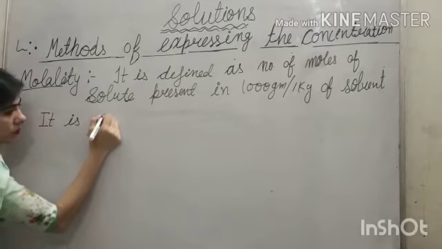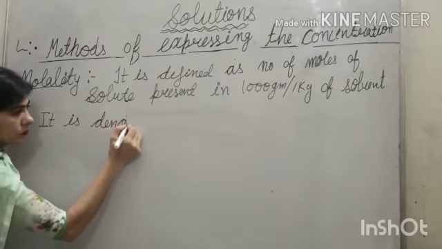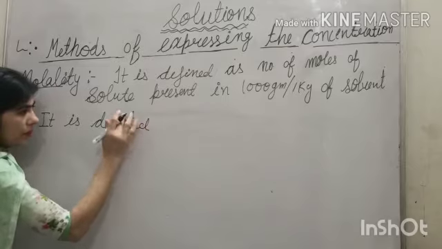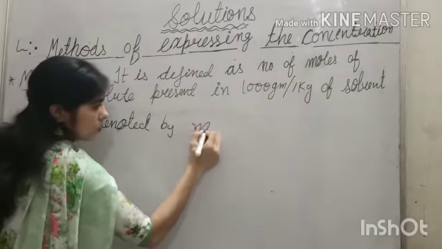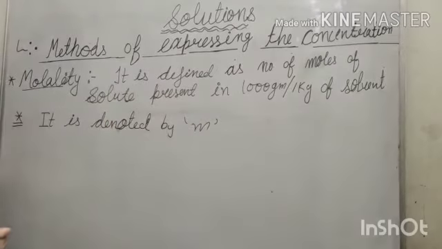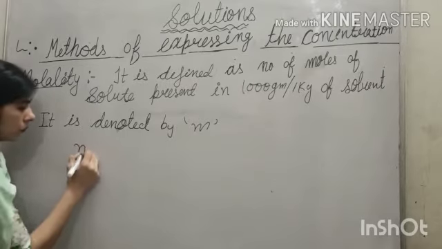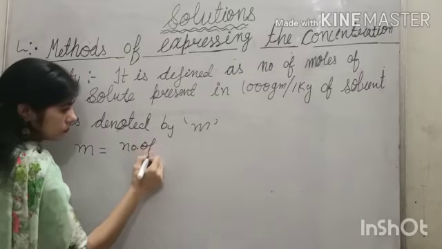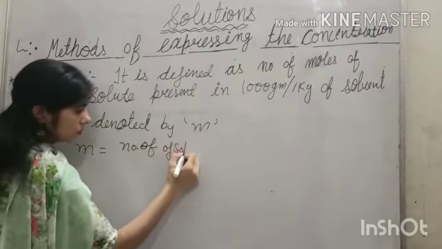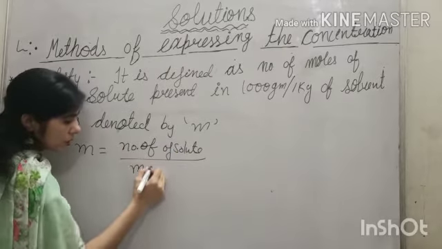Molality is denoted by small m. And mathematically, according to the definition, it is equal to the number of moles of solute divided by the mass of the solvent.